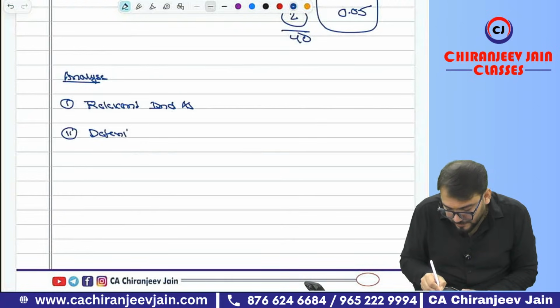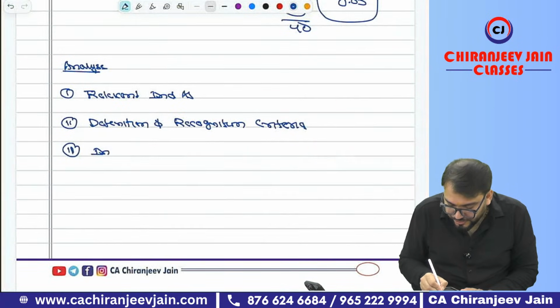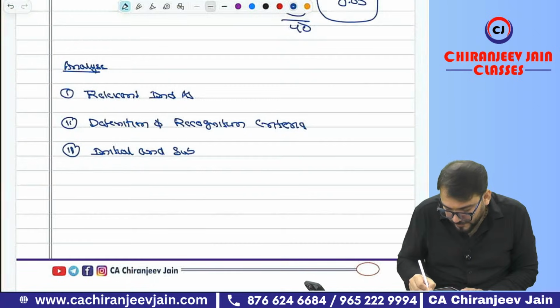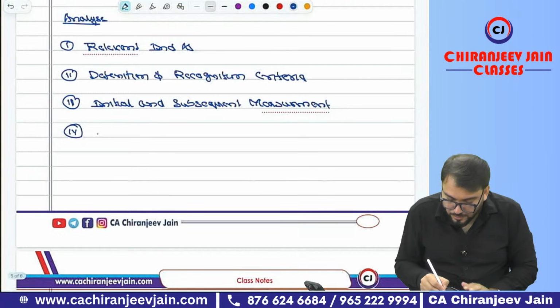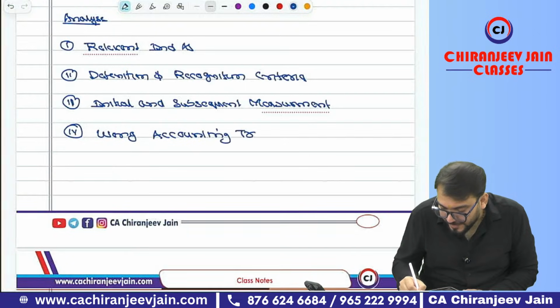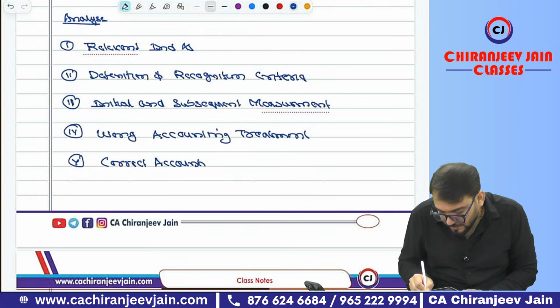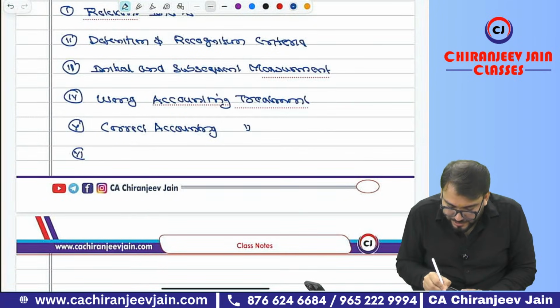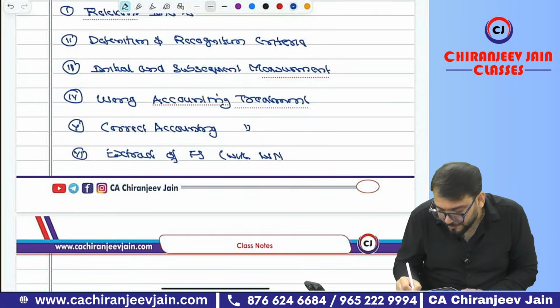Then definition and recognition criteria, then initial and subsequent measurement, then the wrong accounting treatment given in the question, then the correct accounting treatment required, then extract of financial statement supported by working note. This much is required.